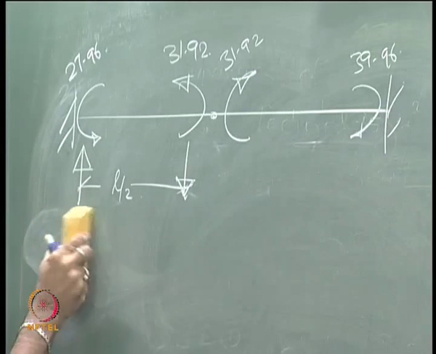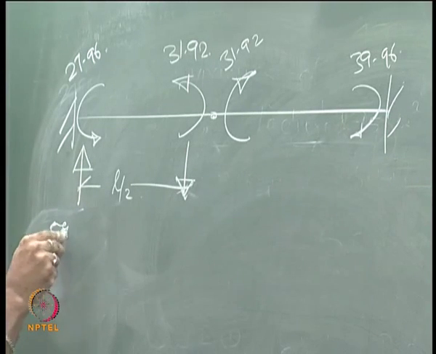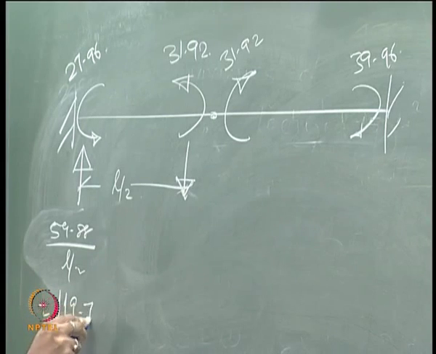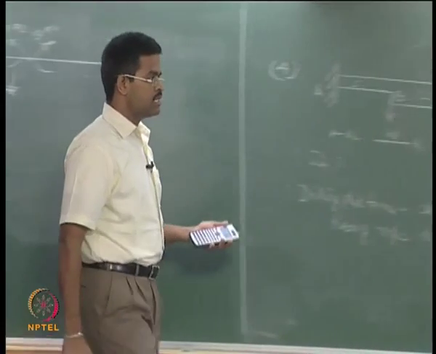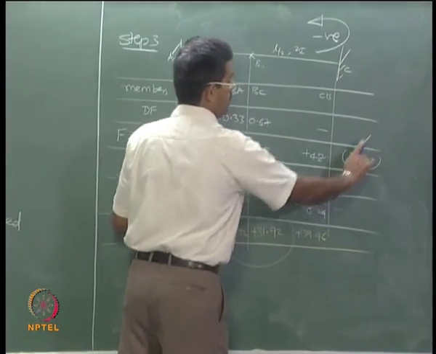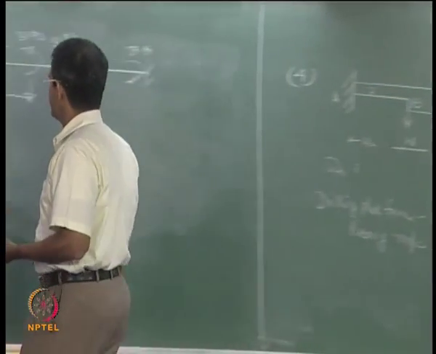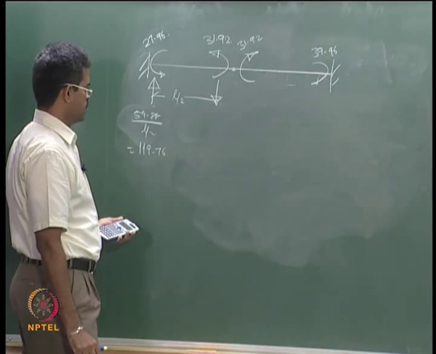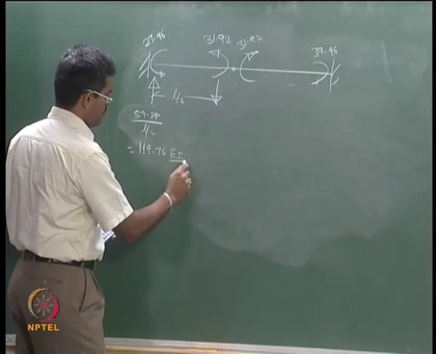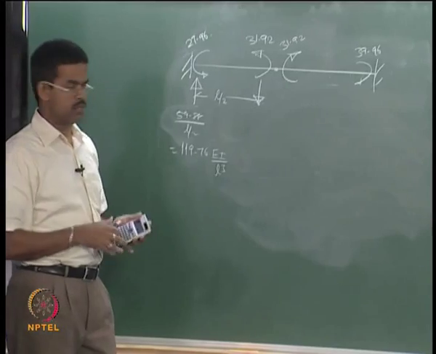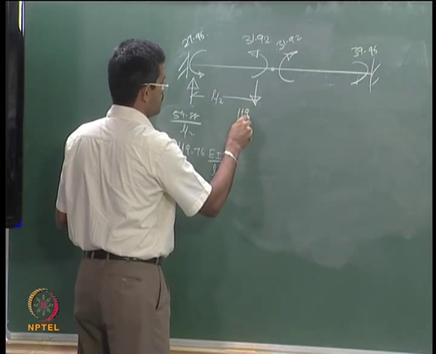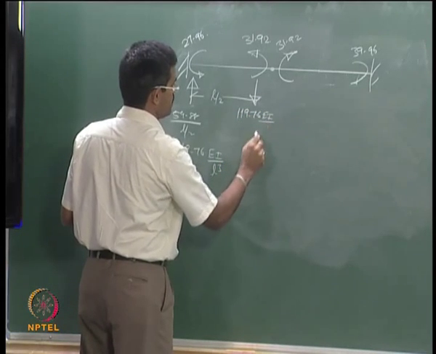I should say it is 59.88 by L by 2, which is nothing but 119.76. I already had a multiplier EI by L square here. So I will get EI by L cube here, and this value is again 119.76 EI by L cube.